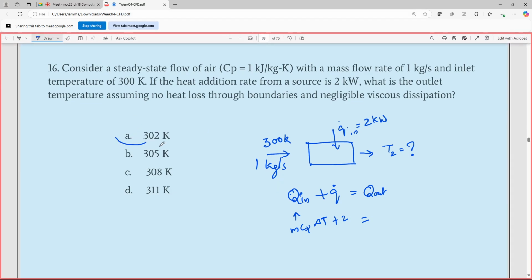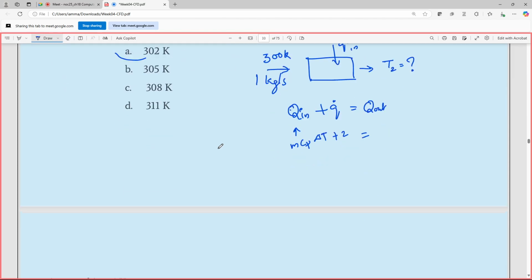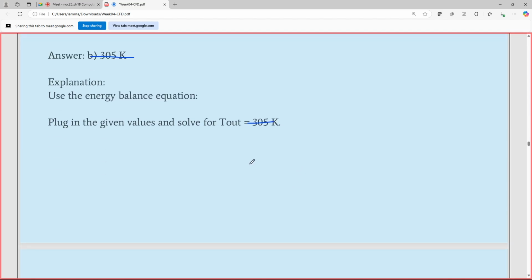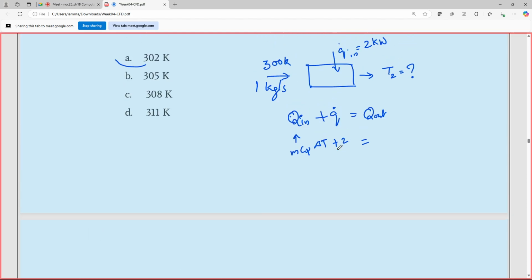So our option will be option A, 302 Kelvin. You can plug in the values and solve in this equation.